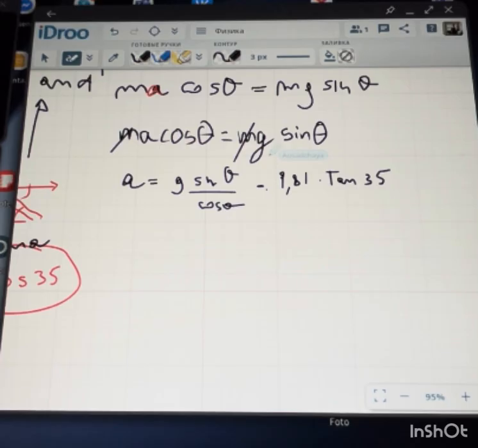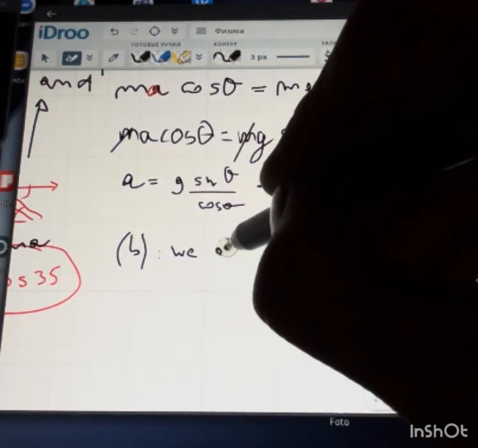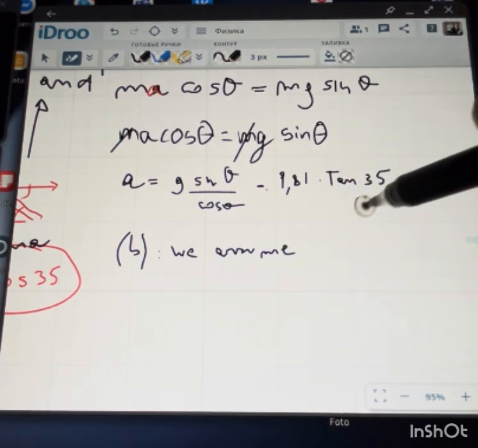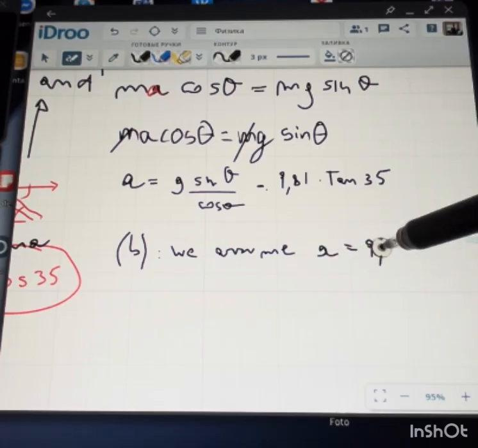Now part B, we assume an acceleration A to be 9.2 meters per second, and we ask, how much must the friction force between the 5 kilogram mass and the wedge be to keep it there?